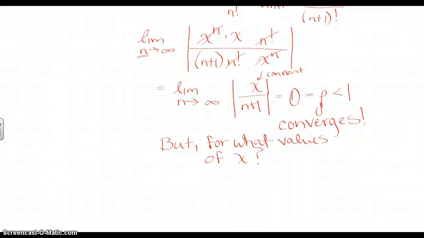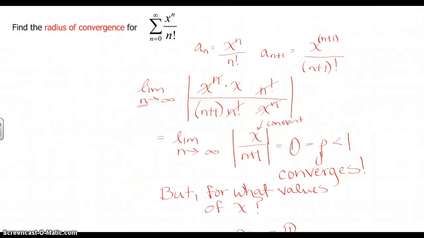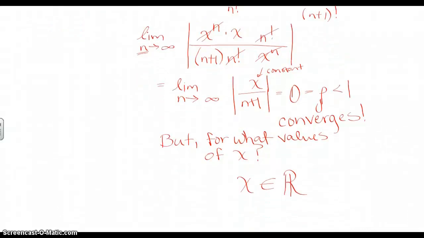Find an x value that I can put into this limit where I won't get 0 for an answer. There isn't one. I can put any x value in here I want to put. This is the third case that we were looking for over here. The radius of convergence, this thing converges for every single value of x we could possibly put in it.